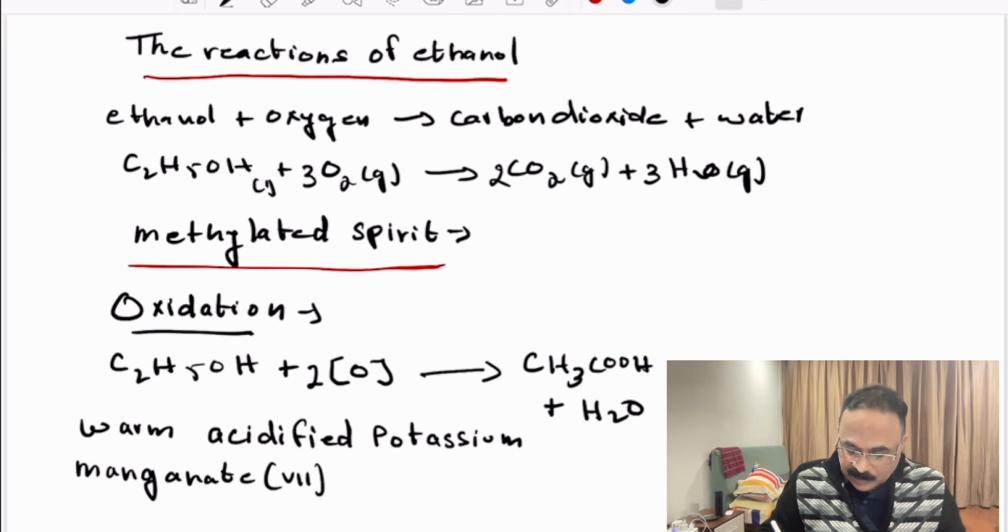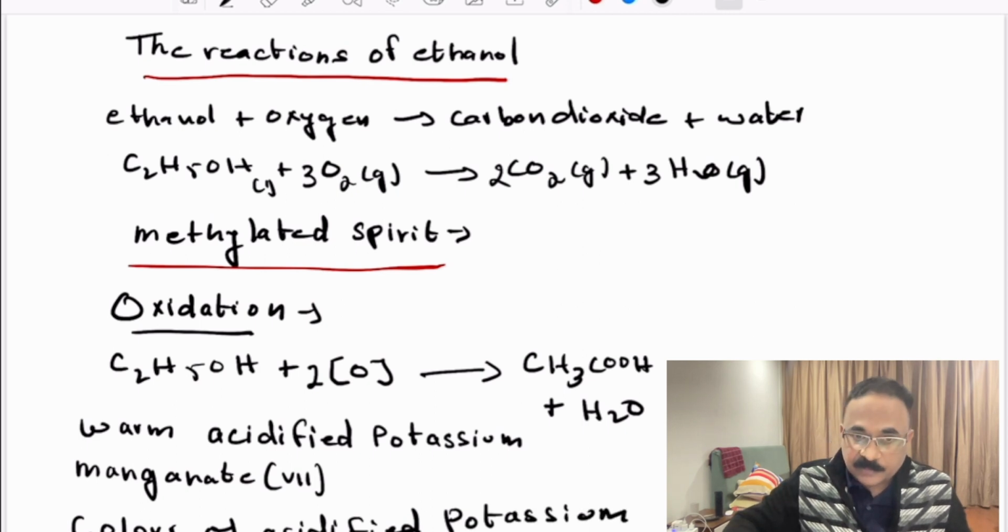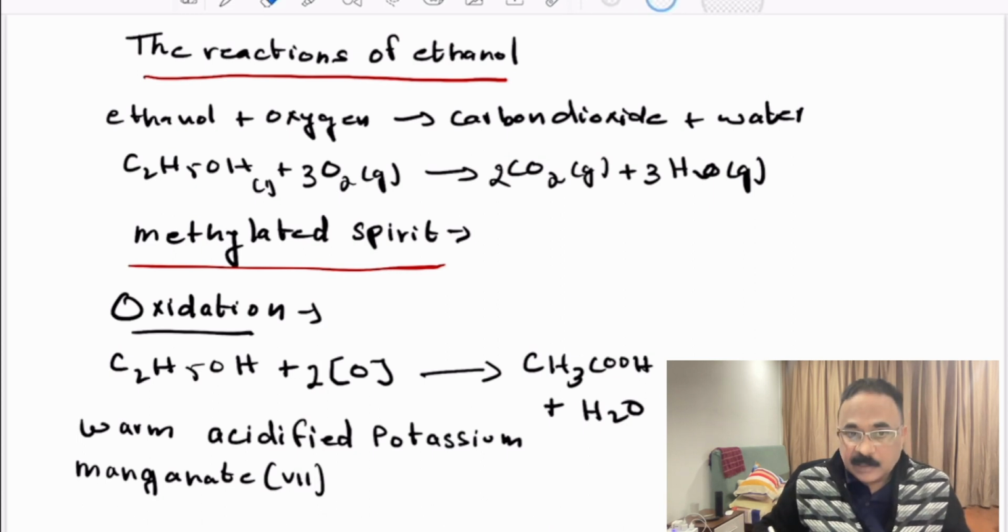water. And the color of acidified potassium manganate will change from purple to colorless. I'll write it down, it won't fit over there, so we can just write it down like that.